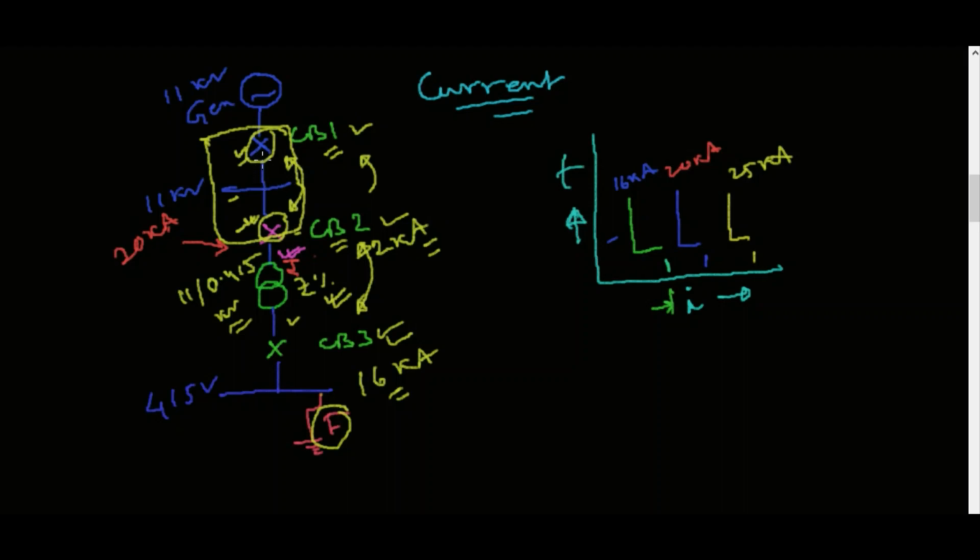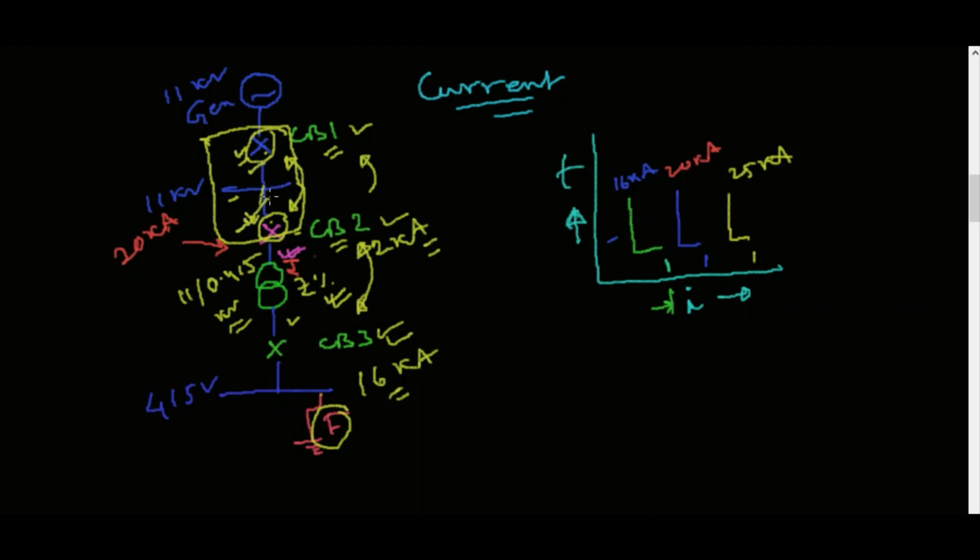It includes this incoming breaker, the 11 kV bus, and these outgoing breakers. Likewise there will be other outgoing breakers as well.